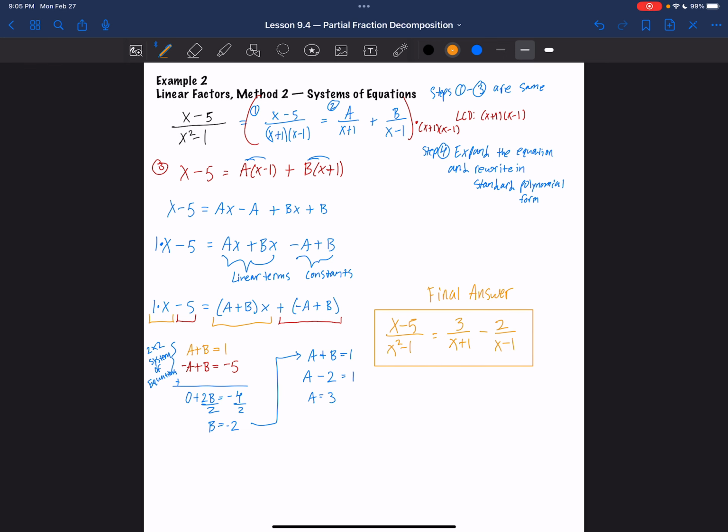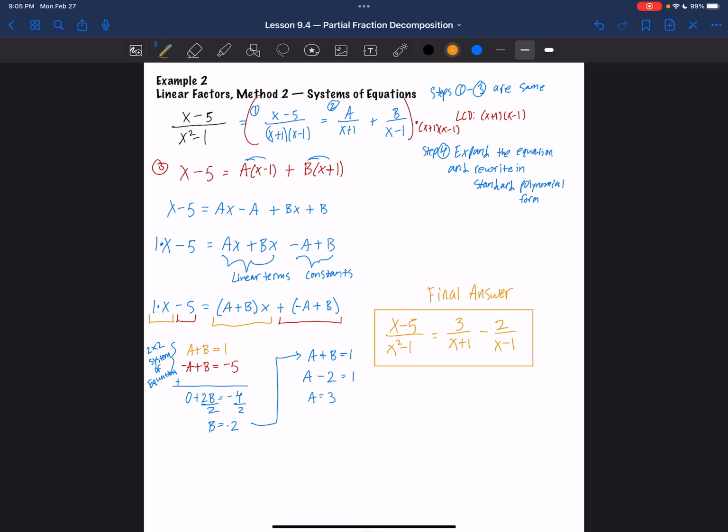Okay? All right. I know it might seem a little bit more complicated, but it's really not that bad. I know that students seem to prefer method 1. And hey, look, that's the one I do. I think it's a little bit faster sometimes, but depending on the type of problem, this can be a very, very useful method.